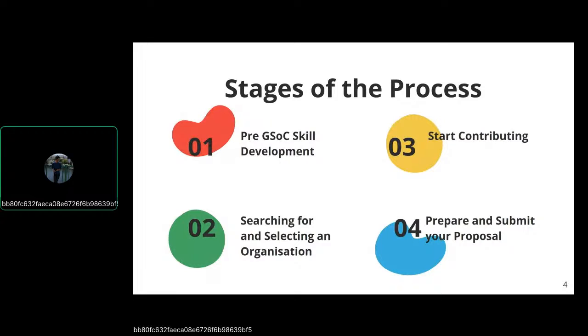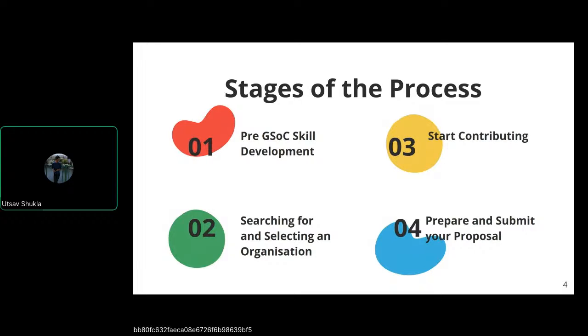This is also a crucial step because around 150 organizations participate in this program, so it is important to shortlist two or three organizations and contribute to them. And then you start contributing to the project.